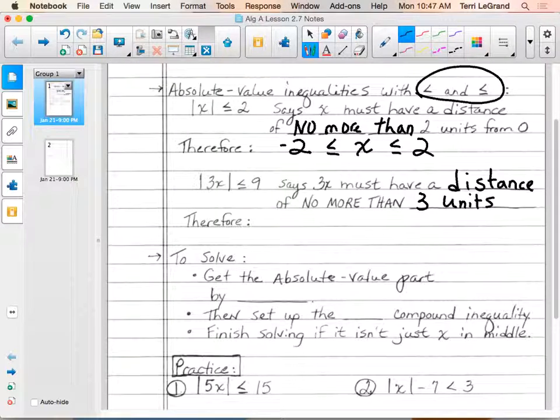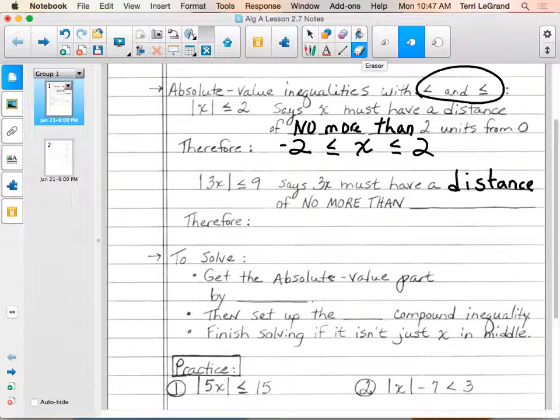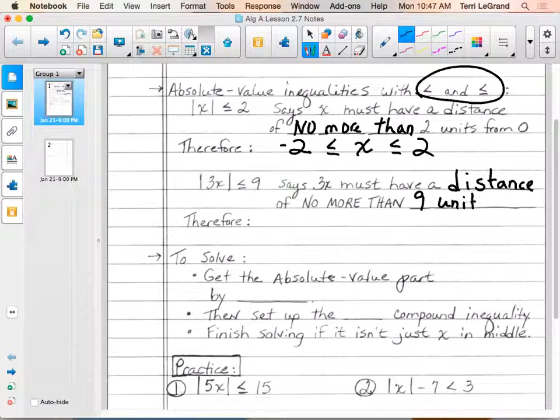From what? 9. No, from 0. Okay, that's a distance of no more. Excuse me, you are so right, I am wrong, Noah. There is a 9 over there. I apologize. No more than 9 units from 0. 3x must have a distance of no more than 9 units from 0. It has to be less than or equal to 9.